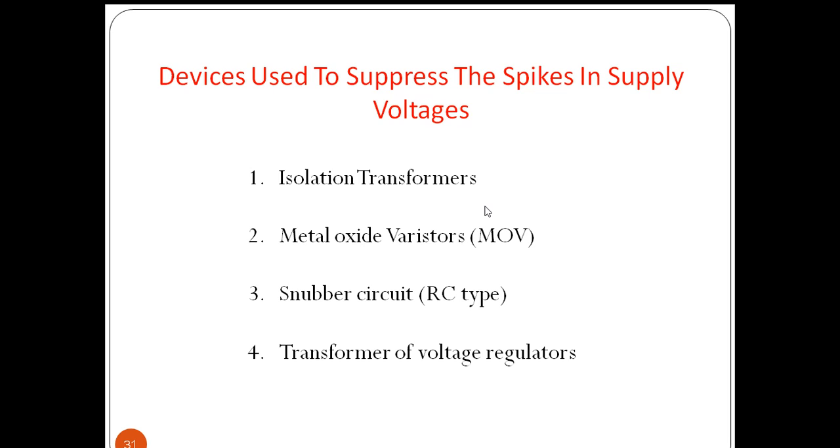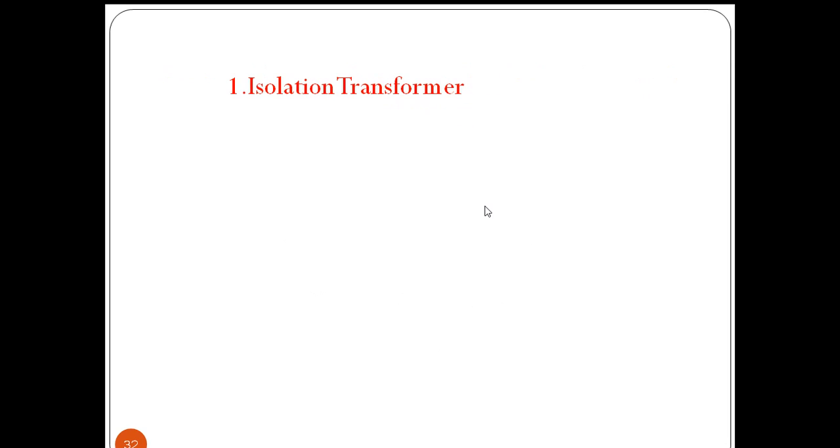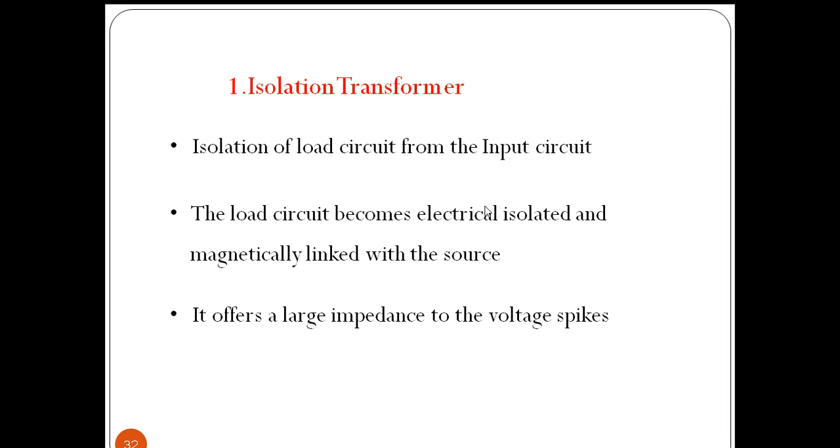To remove that, we use components called isolation transformer, MOVs (metal oxide varistors), snubber circuit, RC type circuits, and transformers or voltage regulators. These are the different components used for suppressing the harmonics.